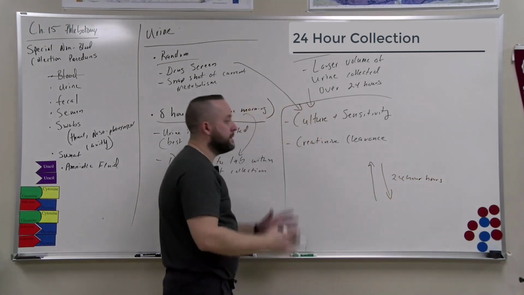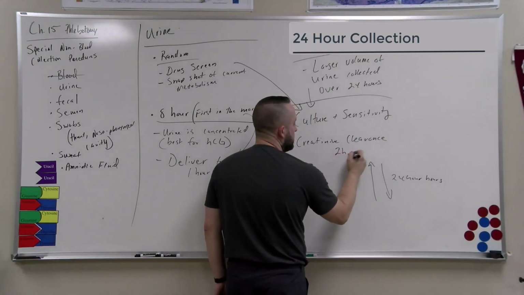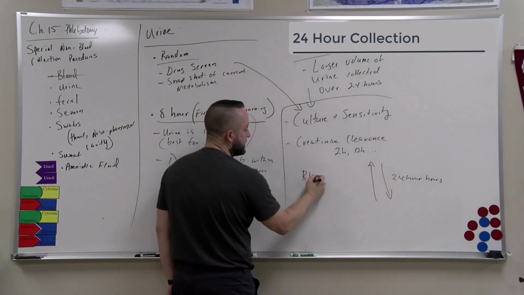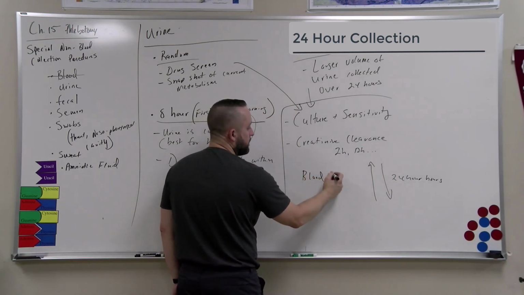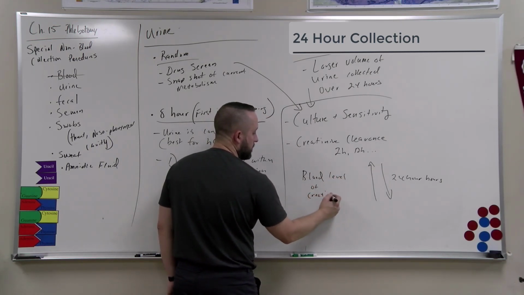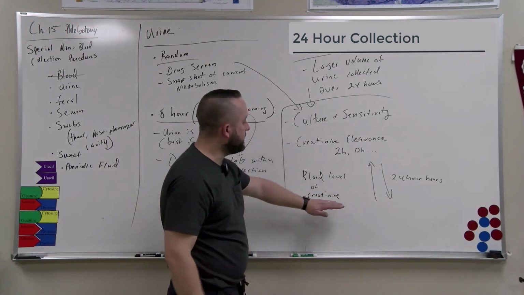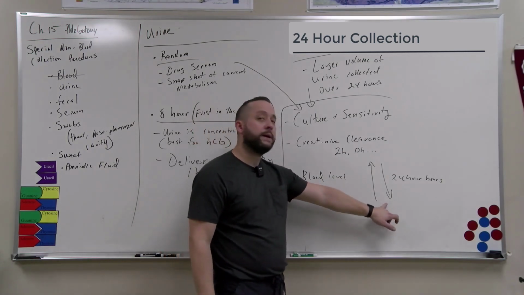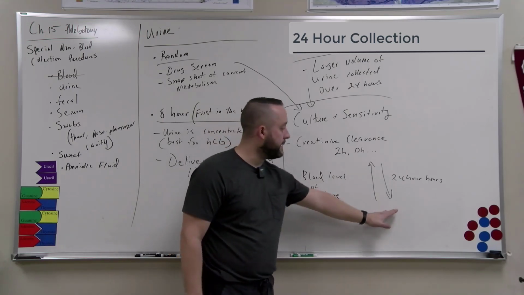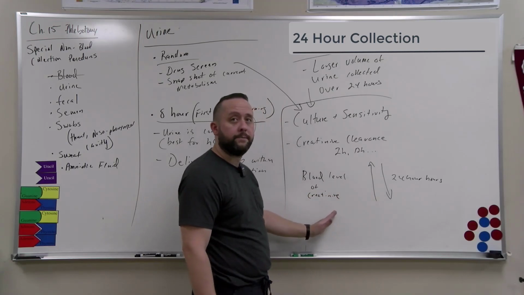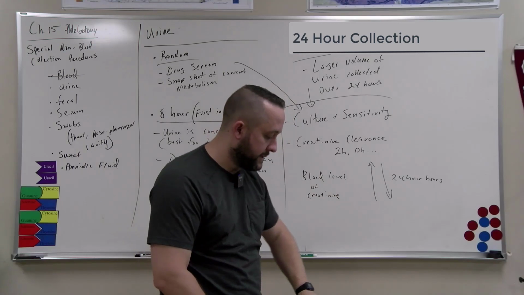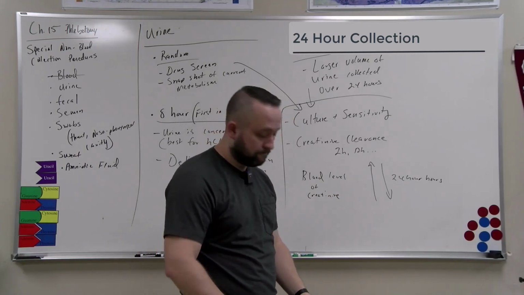Okay, and if I collected them at like maybe 2 hours and 12 hours and so on and so forth, and then I also did blood at the same time, okay, I can say, okay, well, their blood had this much creatinine in it. Their kidneys should have been clearing at least this much at this time, and I can compare those two levels and understand if your kidneys are working good or not, or if they're injured, if they're clearing everything they're supposed to. That's one of the advantages of a 72-hour collection, or a 24-hour collection, I'm sorry. 72 hours.